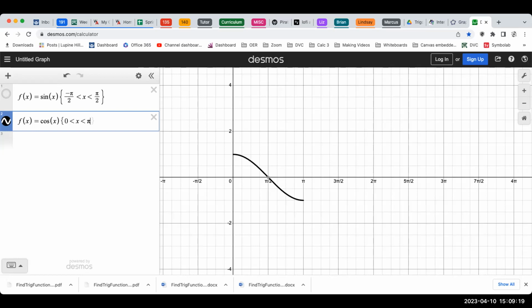For cosine, I have the point 0, 1, pi over 2, 0, and pi, negative 1. So I have to swap all those coordinates for the inverse. So I would have 1, 0, pi over 2, which is right here, comma 0, and then pi, negative 1 pi, which is up here.